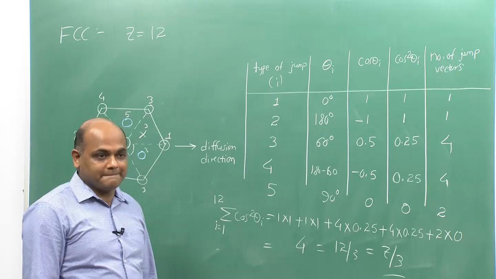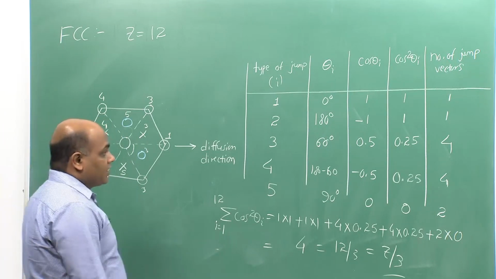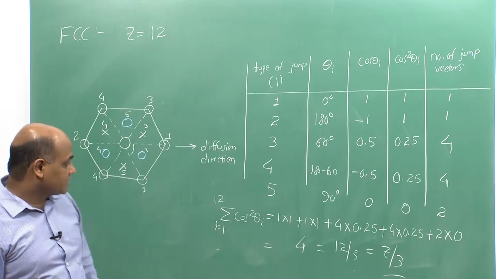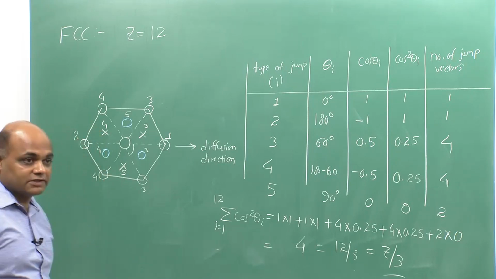Clear? So, for any cubic lattice, we get sigma cos square theta equal to Z by 3, and so we get D equal to 1/6 alpha square gamma.